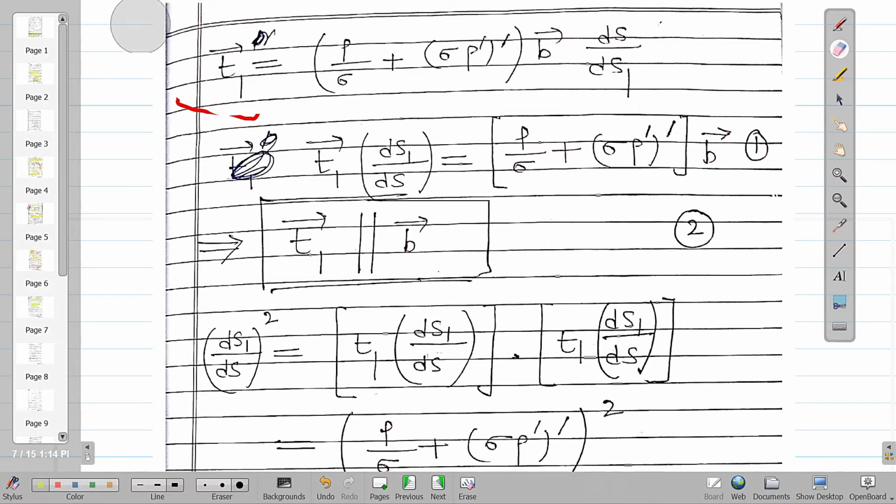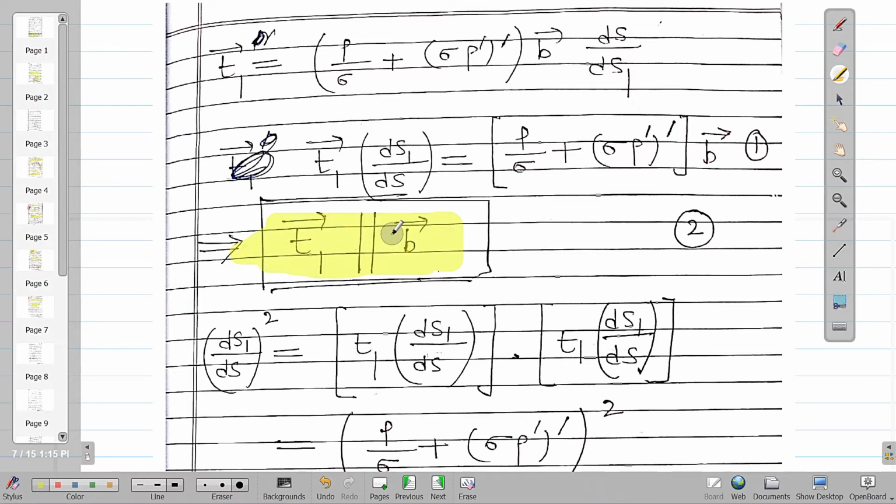Now from this equation number 1, this is a multiplication of t1 vector, and this is a multiplication of b vector. It means they are parallel to each other. If they are parallel to each other, we get that t1 vector is parallel to b vector.